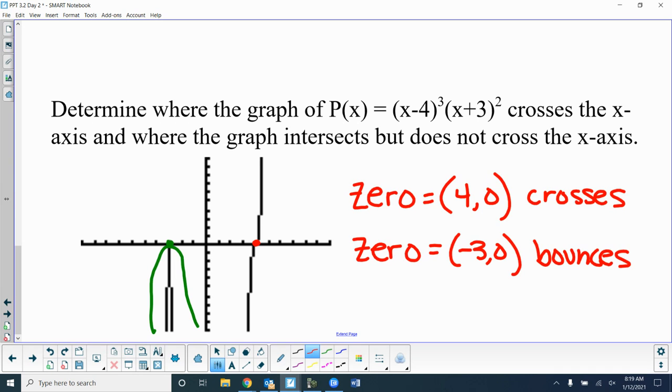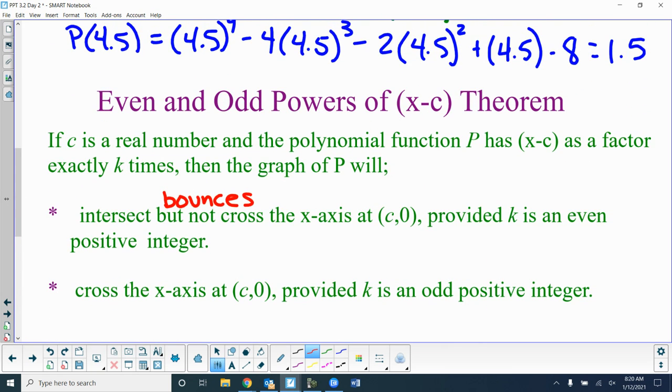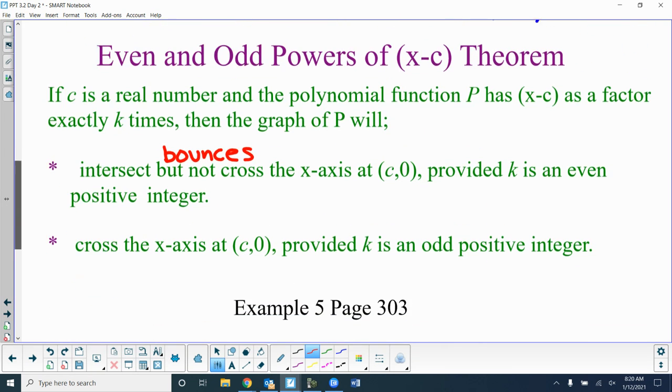So you don't have to take the time to put it in the calculator and graph it to see what it does. This little theorem here, even odd powers theorem, tells you if it's even exponent, it'll bounce. If it's odd, it'll cross. Okay? That's all you gotta know.